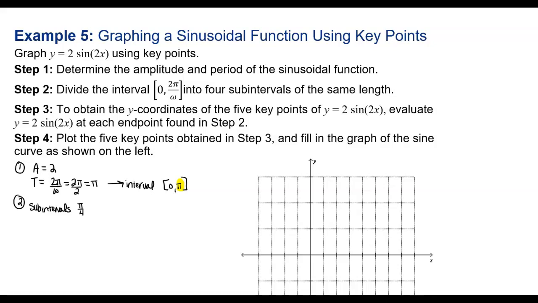And that is really important, because now we have to make our ordered pairs. So we have our x and our y. We know we start at 0, and then we'll go to pi over 4, and then another pi over 4 is pi over 2, and then another pi over 4 is 3 pi over 4, until we get to our last point of pi. Now, it is sine, so we know we are starting at 0.